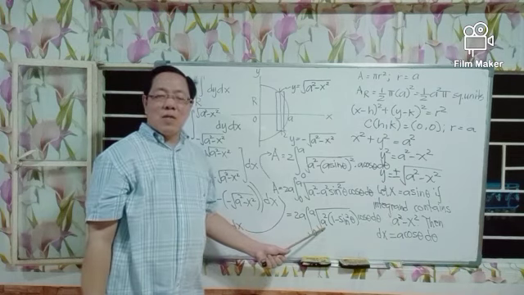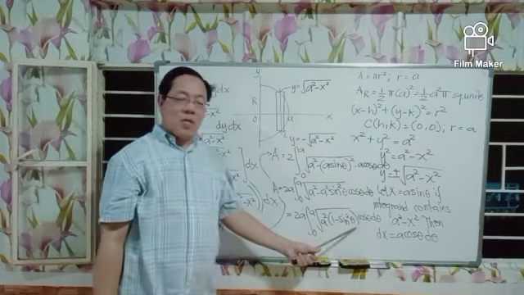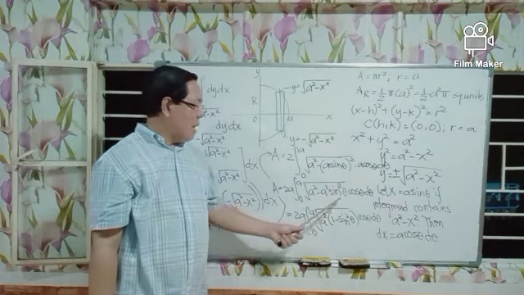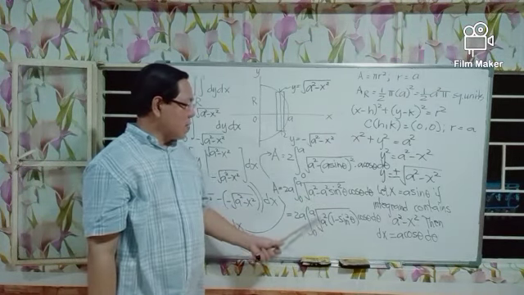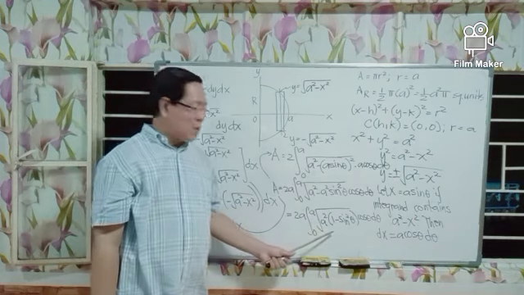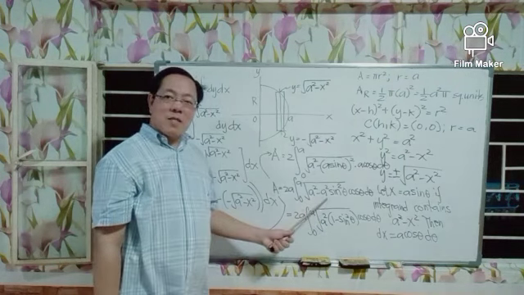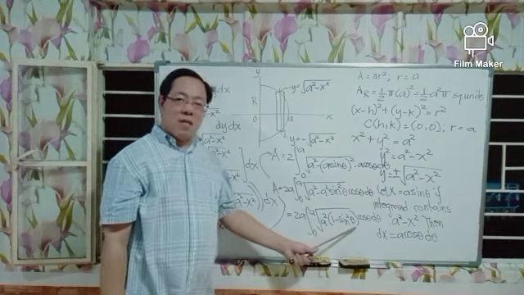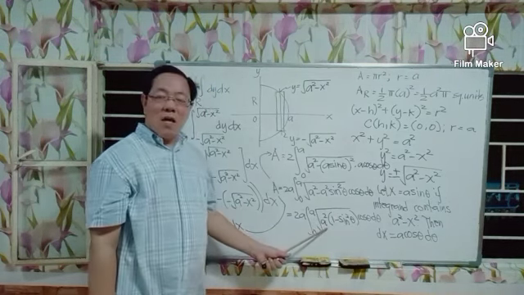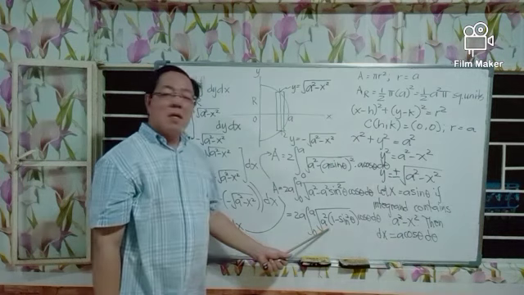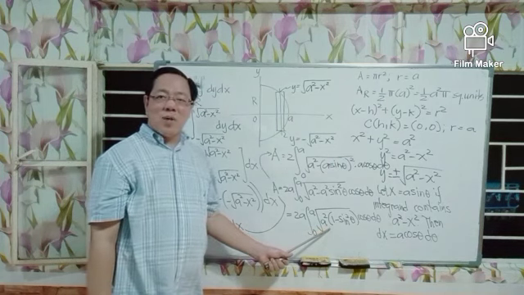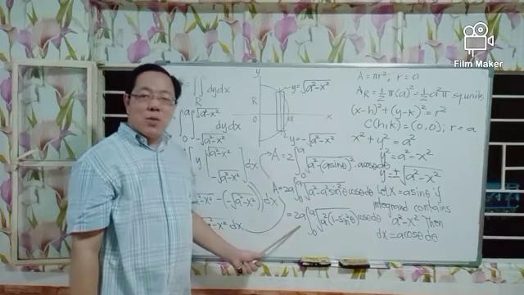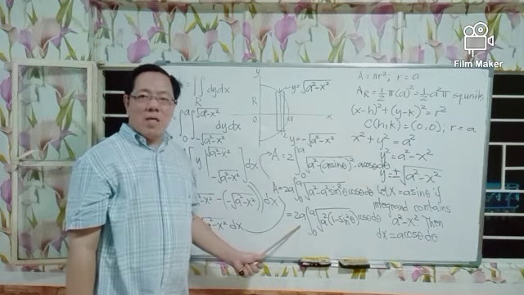If you factor out a squared, the other factor is obtained by dividing each of this term by a squared. A squared divided by a squared is 1 minus a squared sine squared theta divided by a squared is sine squared theta. But we can extract the root of a squared. The square root of a squared is a, and a is a constant. Multiply that by 2a. You get 2a squared.